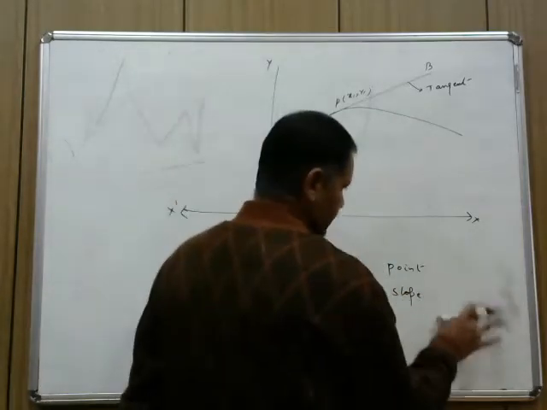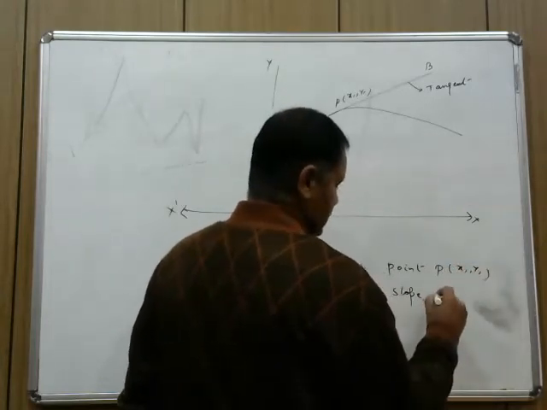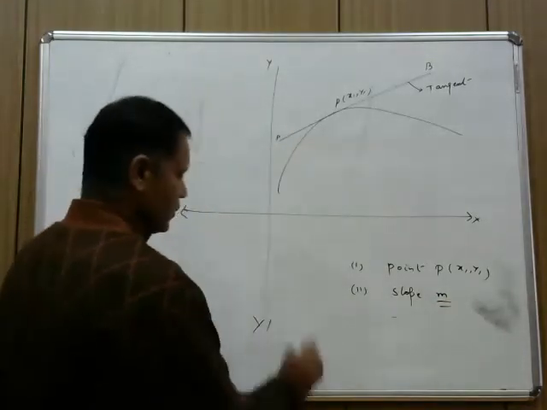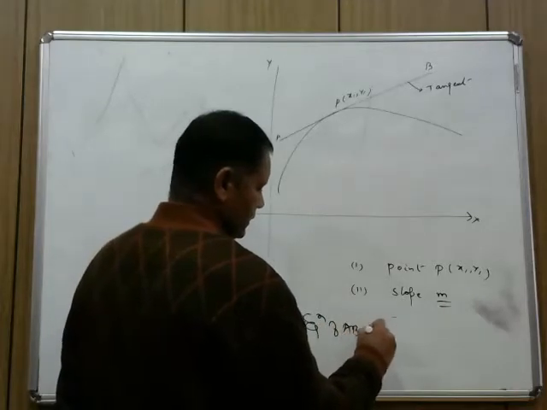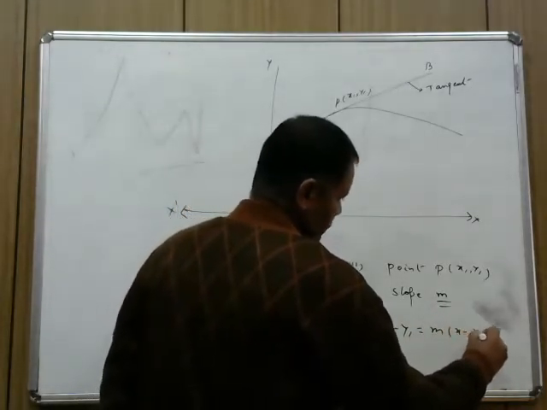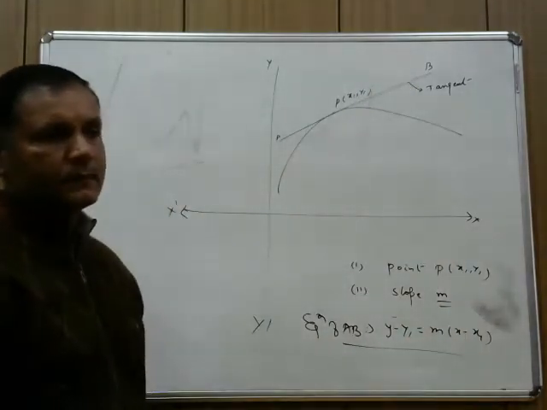Right now I have taken the point P having coordinates x1, y1 and the slope I have taken as m. That's why the equation of AB, which is the tangent, is y minus y1 is equal to m times (x minus x1).